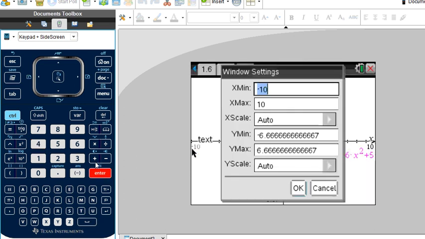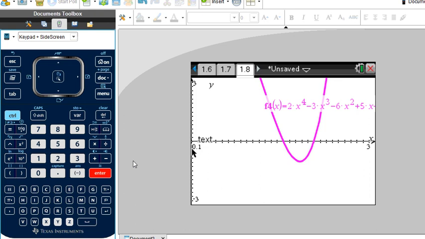I'm going to say X-min from 0 to 3, and for Y, a Y minimum of -3, and a Y maximum of maybe 3. See what that gives us. So it gives us a closer zoomed in look. It's a matter of finding what these roots are.